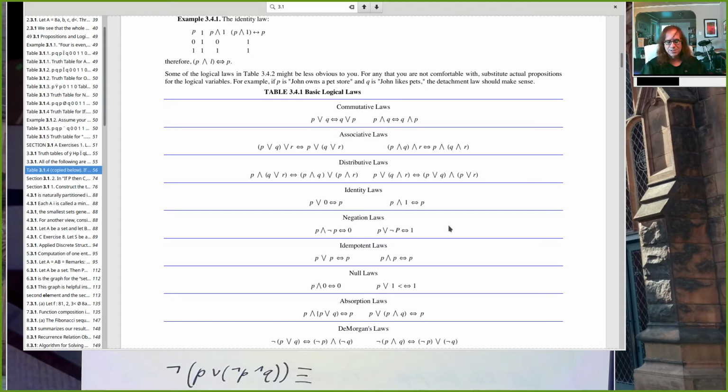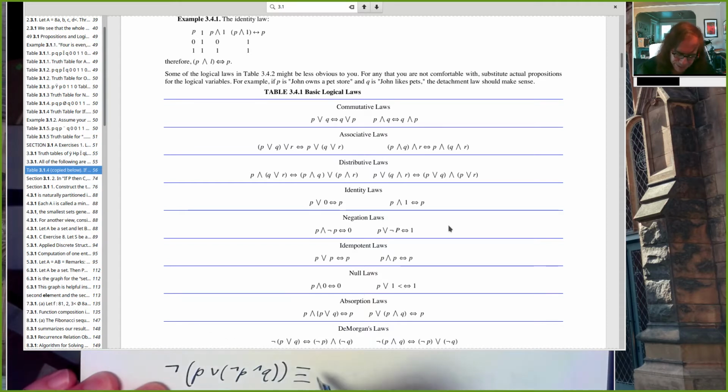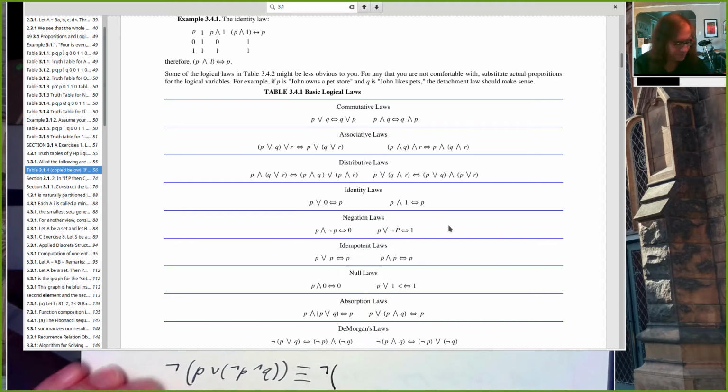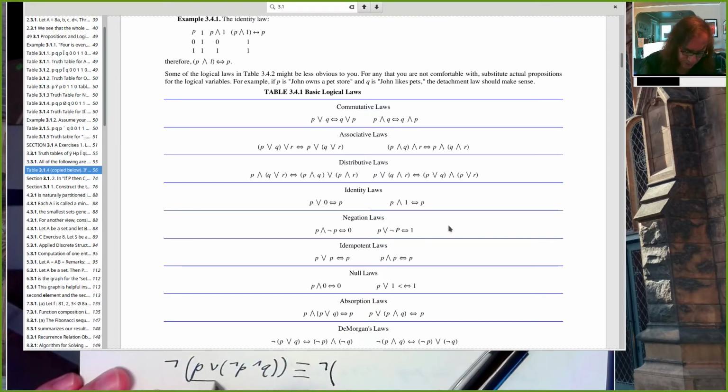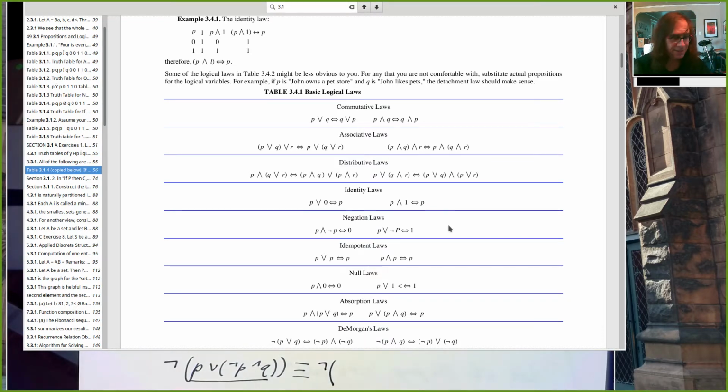So let's go ahead and do that. So it's still going to be a negation of whatever we make this equivalent to. So we're going to rewrite this part. And the distributive law, so I'm using the second law, says this would be equivalent to P ORed with not P, ANDed with P ORed with Q.